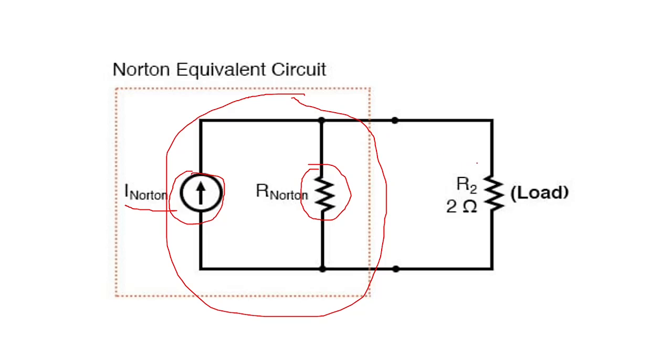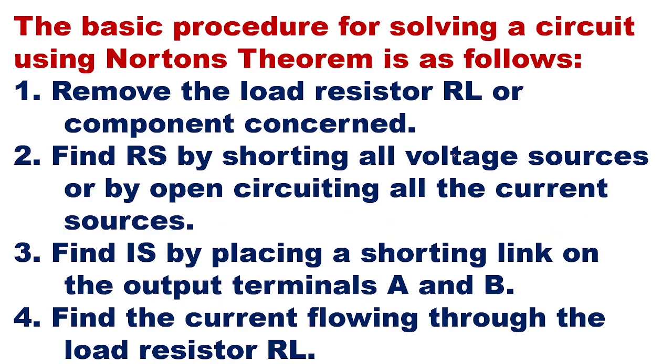Then you can connect your load resistance, and afterwards you can measure the load current and other things. So this is how Norton's theorem helps us to reduce a complex network and to do network analysis. Let's see the steps by which we are going to solve a circuit using Norton's theorem.